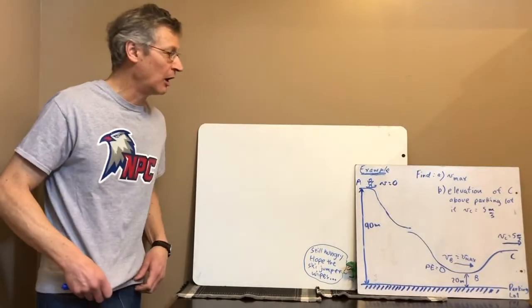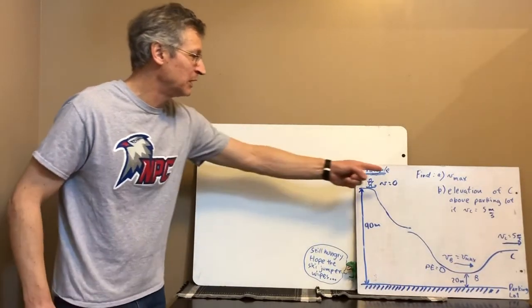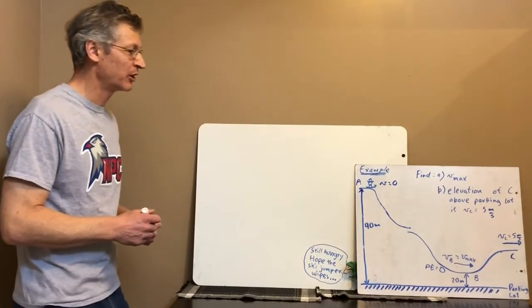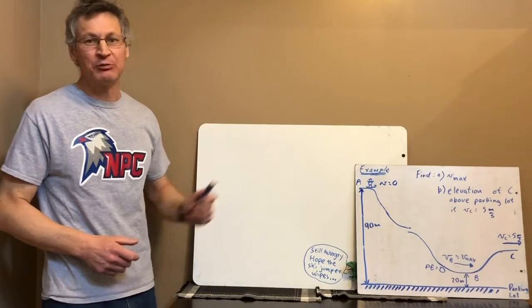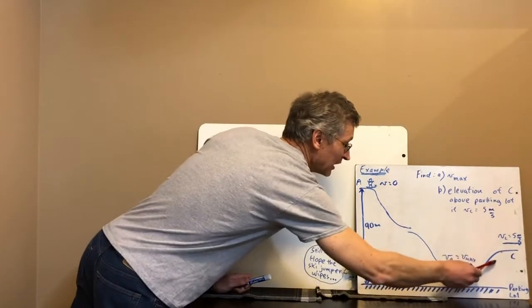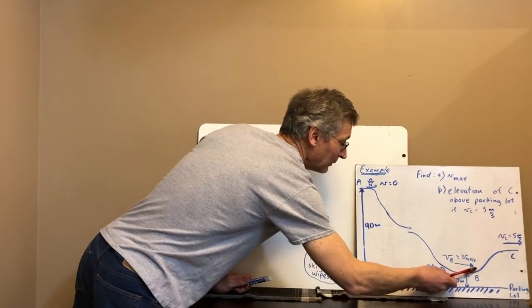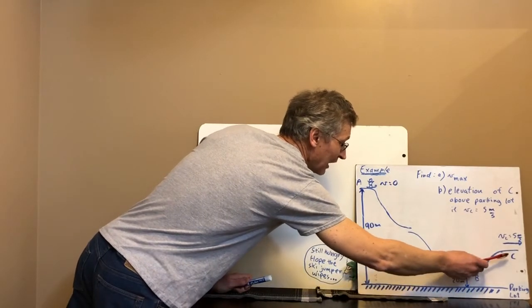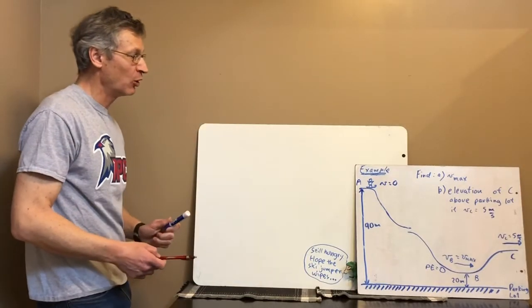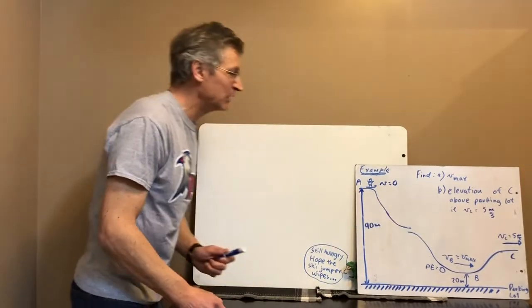Okay, there we go. I corrected question B there. What we're trying to find now for question B is the elevation of C above the parking lot. If the velocity we want our skiers to have, okay, when they enter this braking area here after they slow up as they go up this hill and then enter the braking area there, we want them to be going 5 meters per second.